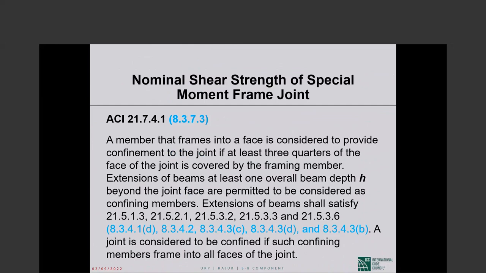I will repeat all this verbiage here tells you that a confined joint means beams framing into all four faces of the joint, with each beam wide enough to cover 3/4 of the column face. If you have a confined joint, you need not continue 100% of the column end transverse reinforcement. You are allowed to continue only 50%.